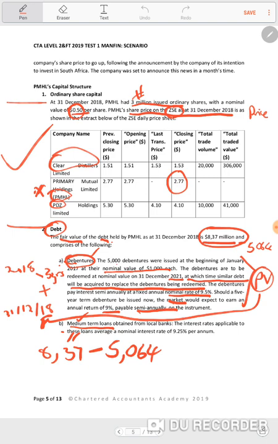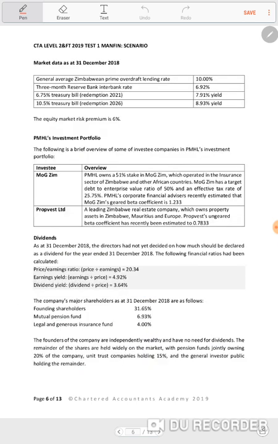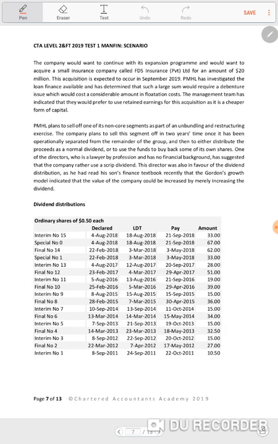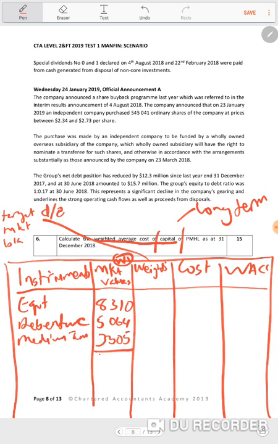So now that we have our market values, it's easy for us to calculate our weights, right? Since there is no more information on the source of finance that we have. On our weight, this is just your grade 2 math.